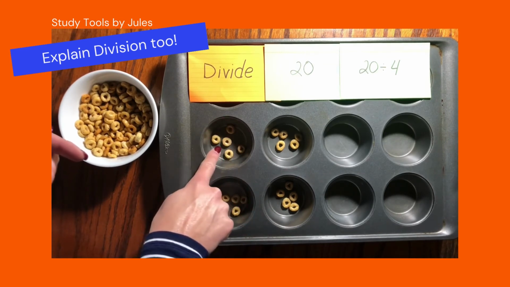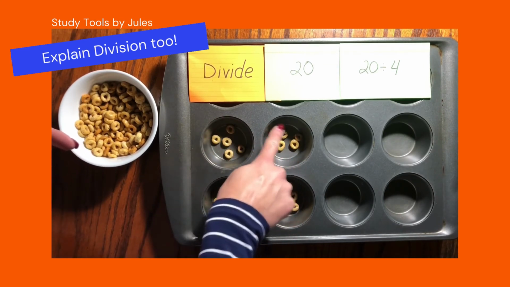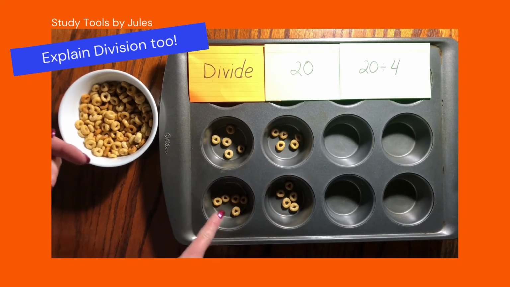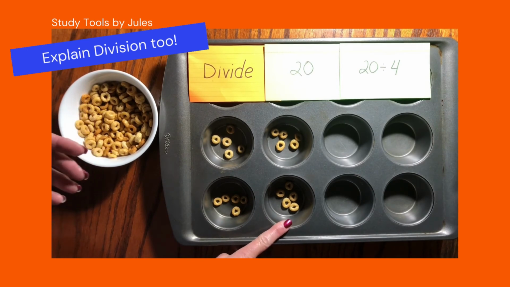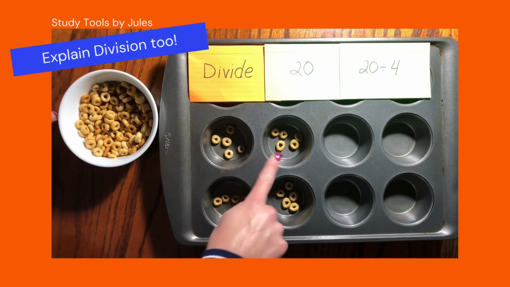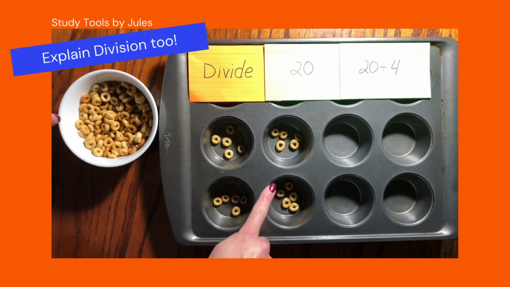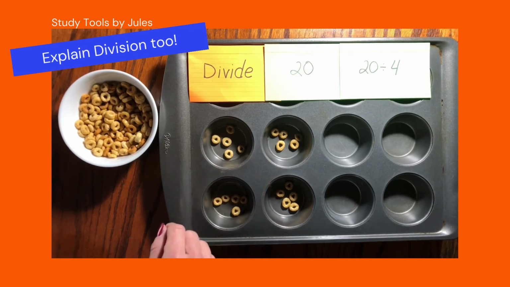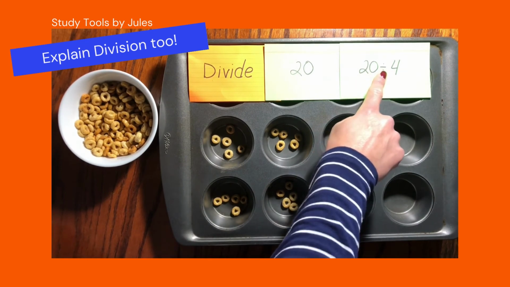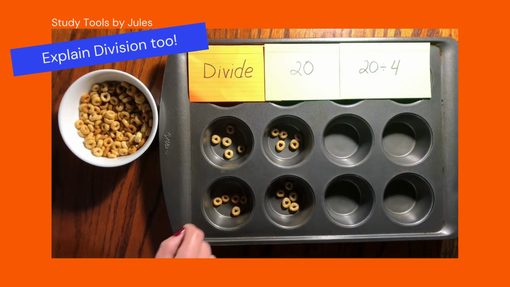We have 5 pieces here, 5 pieces here, 5 pieces here, and 5 pieces here. So the first time we divided the 20 pieces of food, we did do it evenly. We ended up with 4 groups, and each group has 5 pieces. So the answer to 20 divided by 4 is 5.